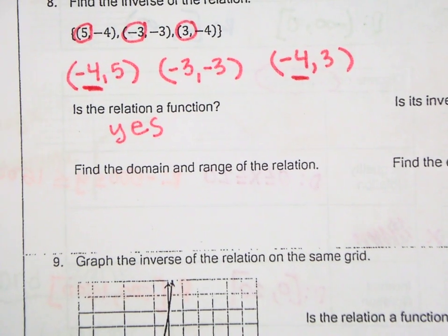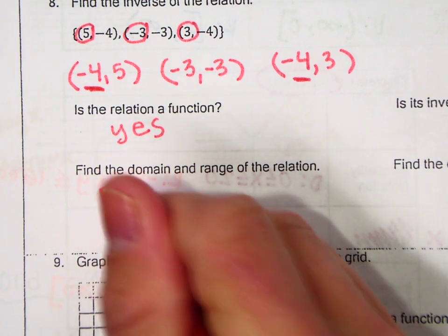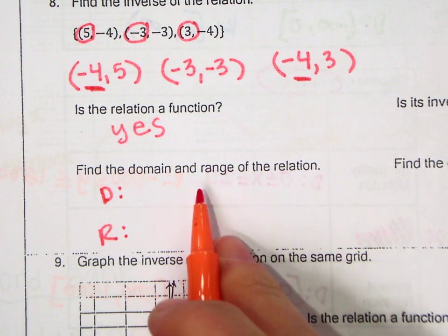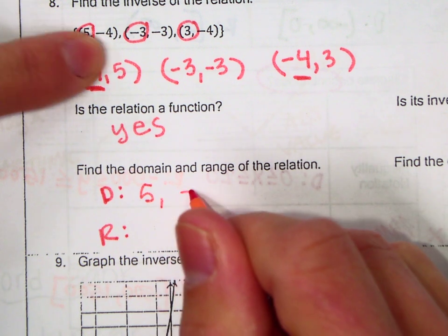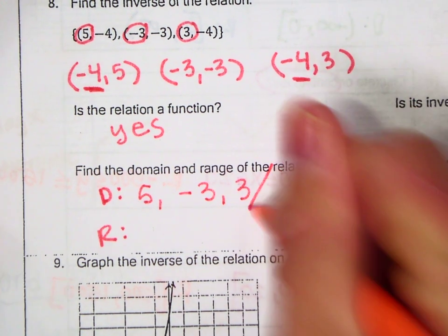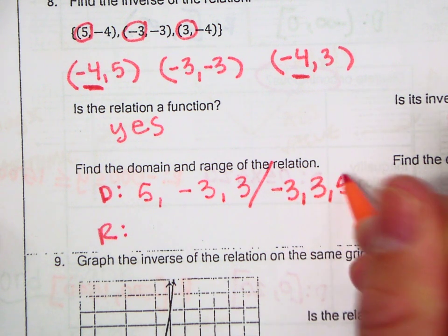Find the domain and range of the relation. Since these are individual points, all you can do is list. So all we can do is list all the x's and all the y's of the relation. So the x's are 5, negative 3, and 3. It's probably a good idea to put it in ascending order, so negative 3, 3, 5.